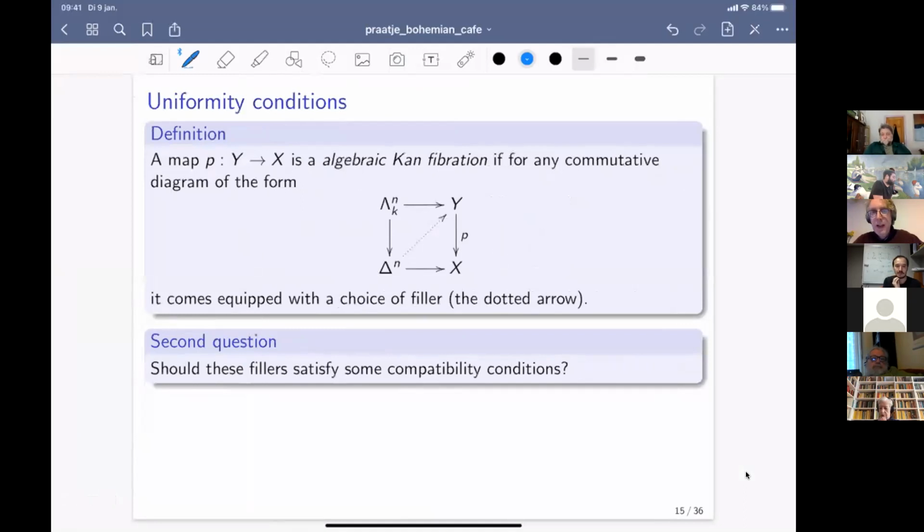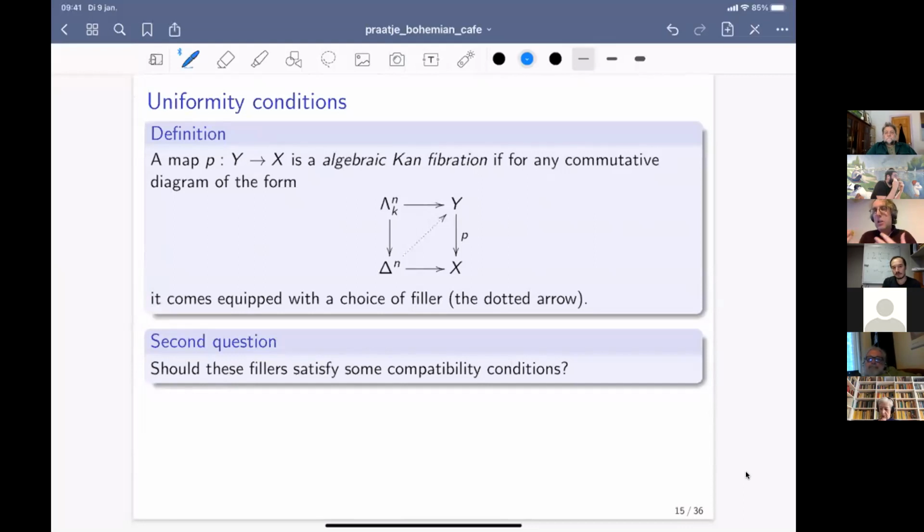Now, the next question to ask oneself is: once you have this choice of filler for each such problem, do these fillers have to satisfy some additional compatibility conditions? Can they be completely random, unrelated solutions to these lifting problems, or are there certain compatibility conditions that you want to be satisfied, so that the solutions are related in some way?